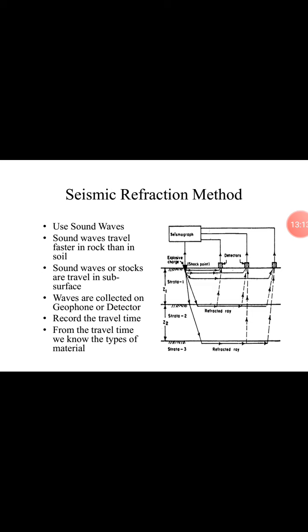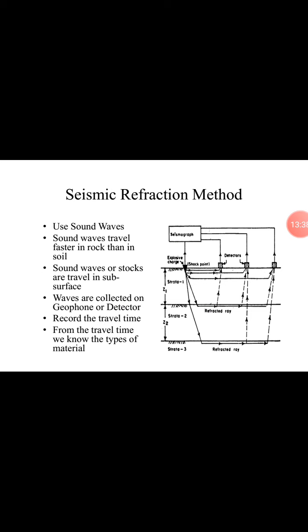In the seismic reflection method we use sound waves, and sound waves travel faster in rock than in soil, meaning that in soil sound waves do not travel easily. The shock waves travel in the subsurface, and the waves are collected in a geophone or detector.